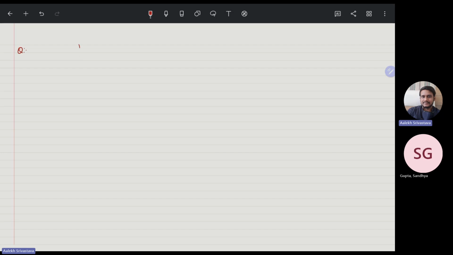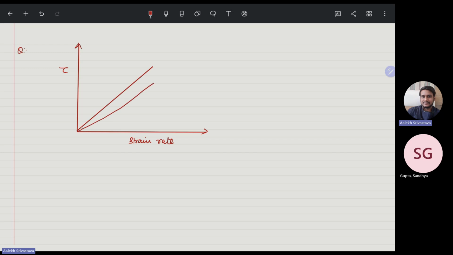So the question is, you have a shear stress versus strain rate graph, and you have one graph like this, one in this way, one in this way, then one in this way, and in this way, and these are A, B, C, D, E, and you have to name what graphs A, B, C, D, and E are.